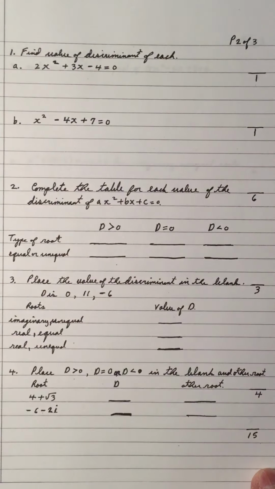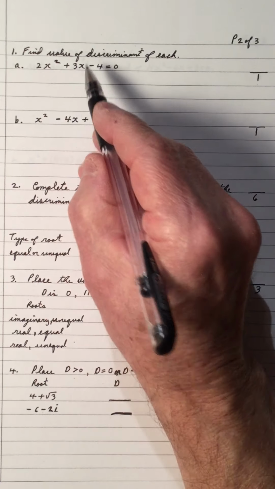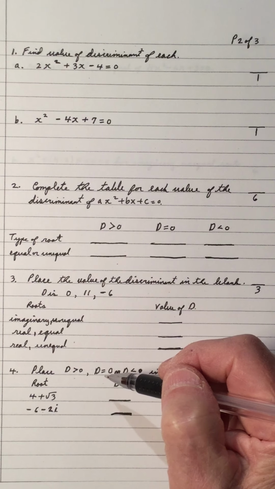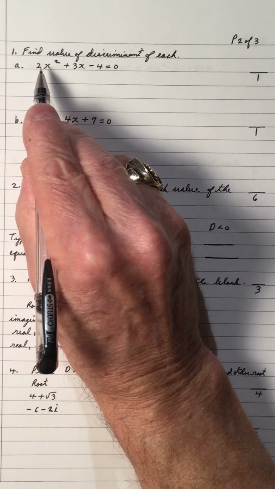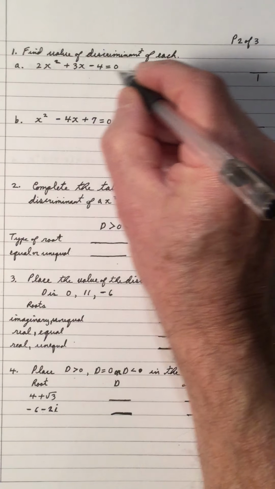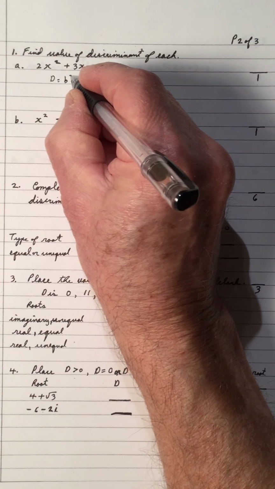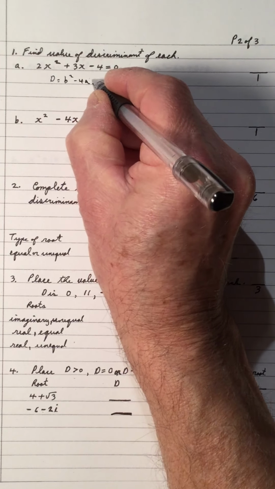This is the review of the previous 4 videos on the value of the discriminant. Here we go, and the questions are in order as the videos are done. Find the value of the discriminant of each. The discriminant, D, is b squared minus 4ac.